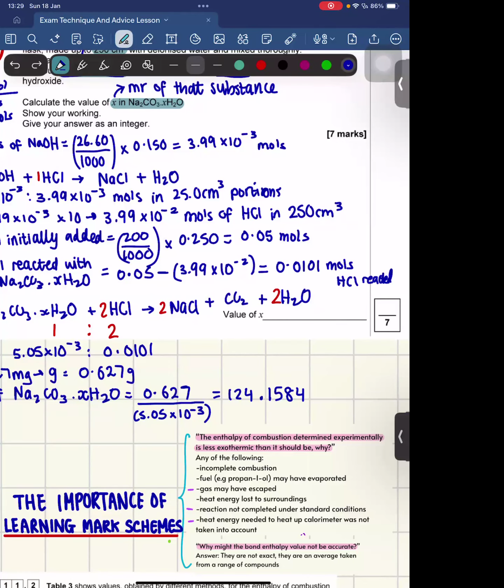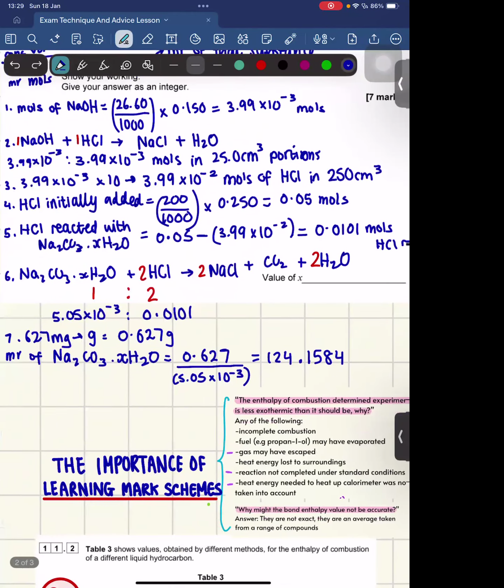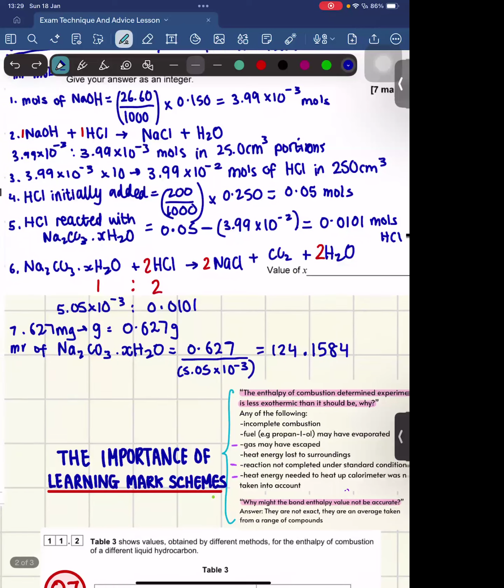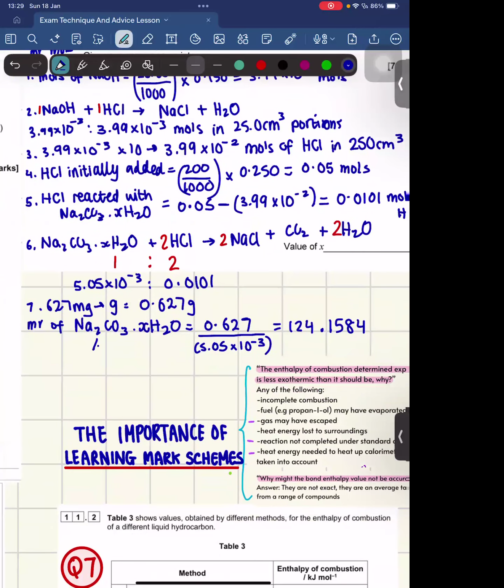Now, literally, the final step is to figure out what that X is. So if I know that the whole thing is going to be equal to 124.1584 as my MR, what I can do is work out the MR of Na2CO3, work out the MR of H2O, and see what is left over. So let's start with the Na2CO3.